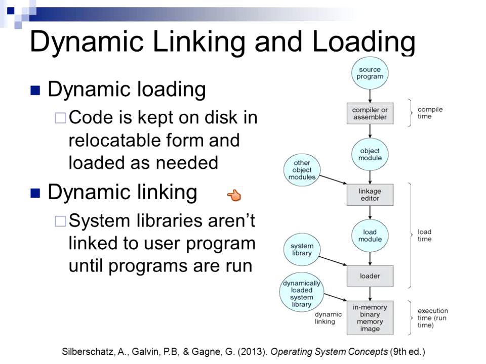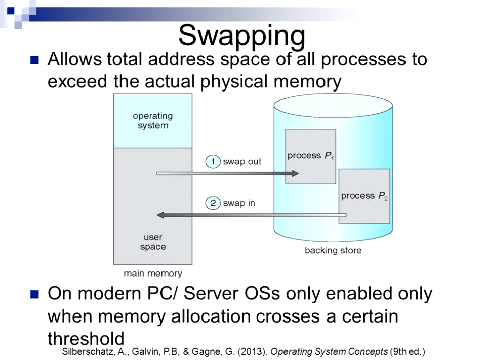Because if we get too many processes in memory and it has to start swapping things in and out, then our performance is going to degrade, and we want to try to avoid that. And so that brings us to our next topic, which is swapping.